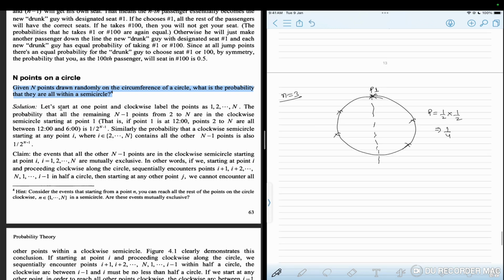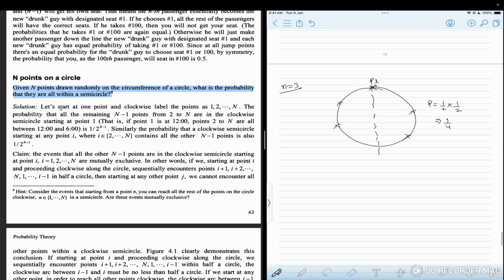I hope this 1 by 4 is clear, because half is the probability of it coming on either side of this line. So we want both the points P2 and P3 to be on one side of the line if P1 is the starting point. Now let's take the case that we chose P2 to be here and P3 to be here.